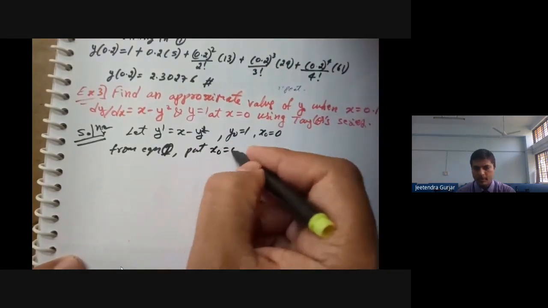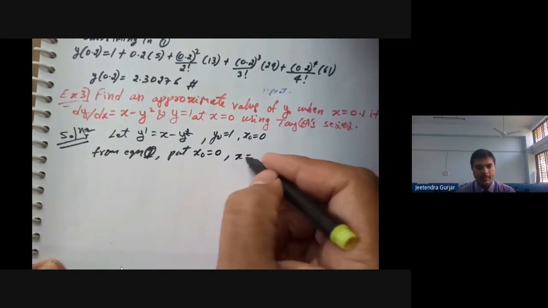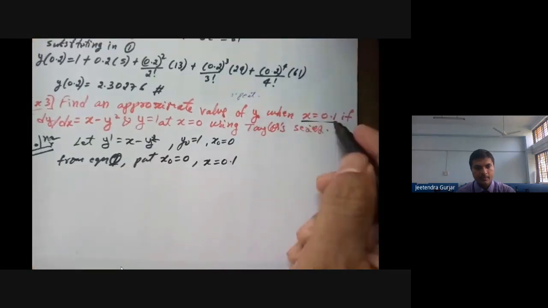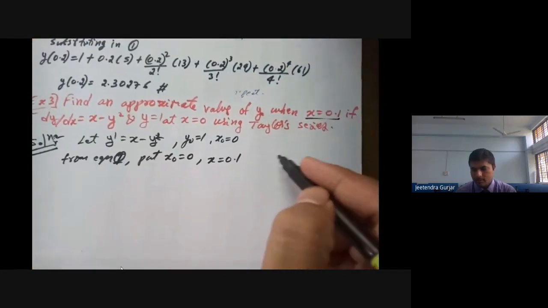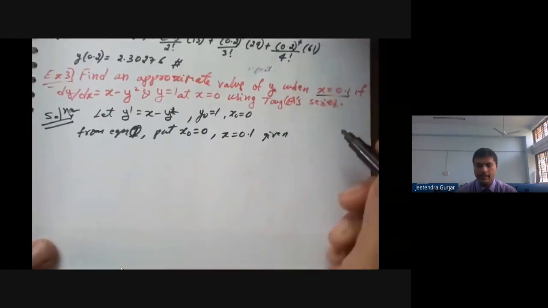So already it is given x naught is equal to 0 and x is equal to 0.1. These values whatever they have given, substitute in equation 1 and solve this example. So let us see.